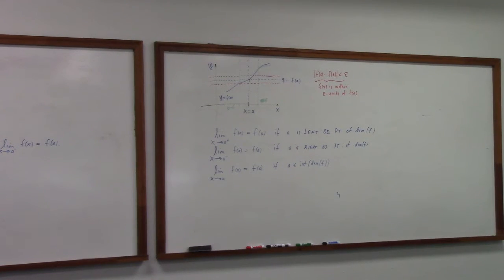I could probably find a better way to write this, but what I'm saying is it's continuous at a point in the interior if and only if the double-sided limit matches, right?